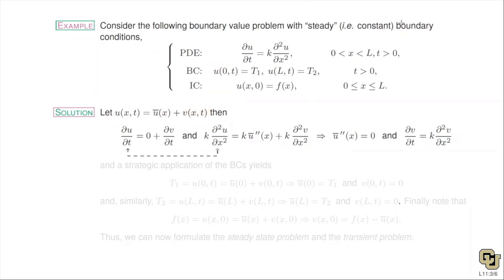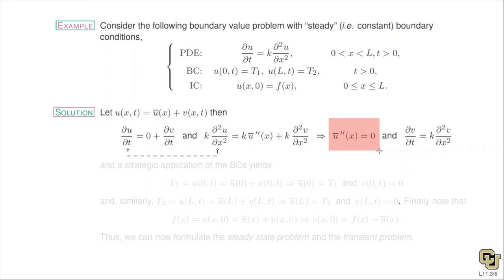Dr. Bott, yes, quick question here. Yes, for U bar double prime equals 0, does that imply that the form of the solution must always be either a function of x squared or a linear function in x?